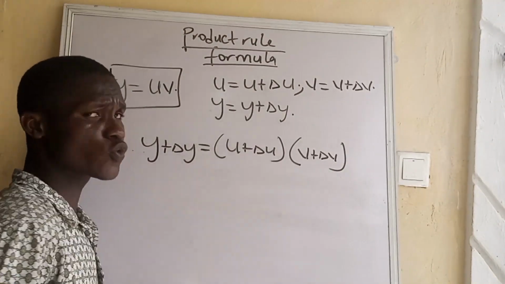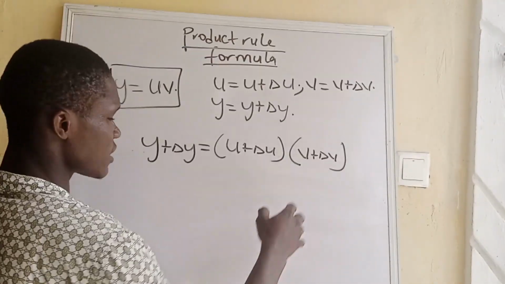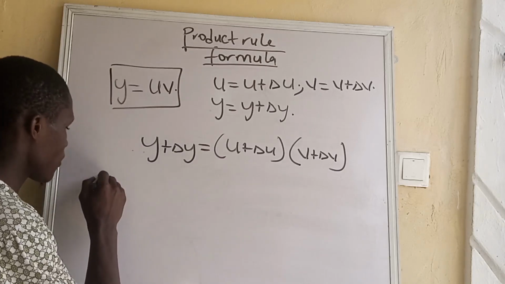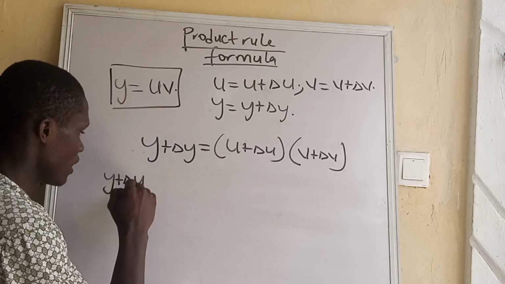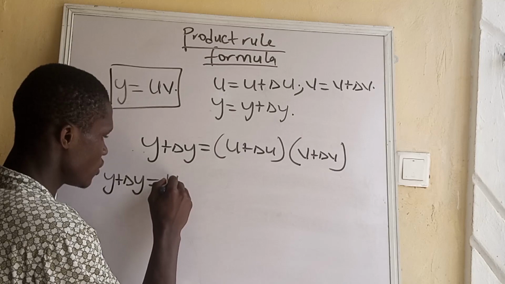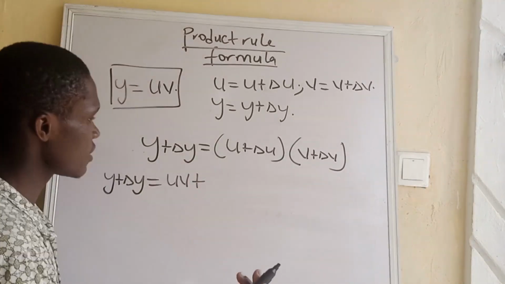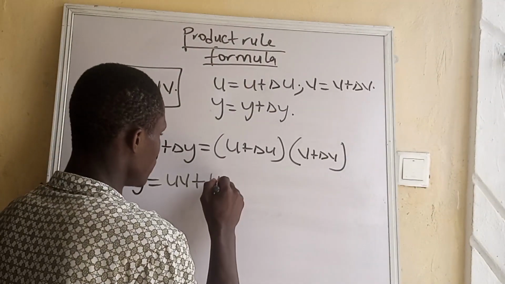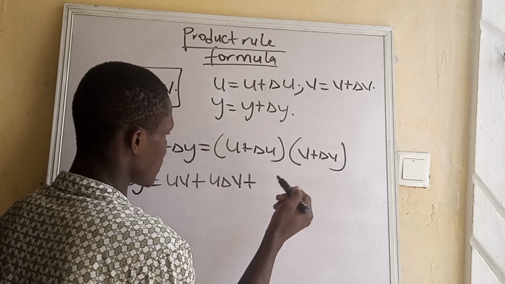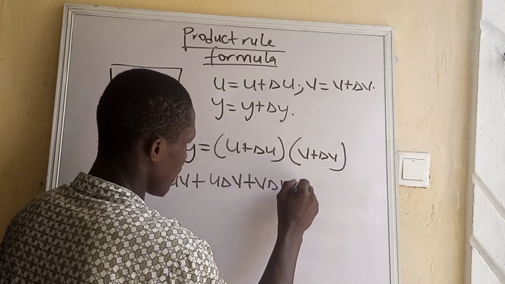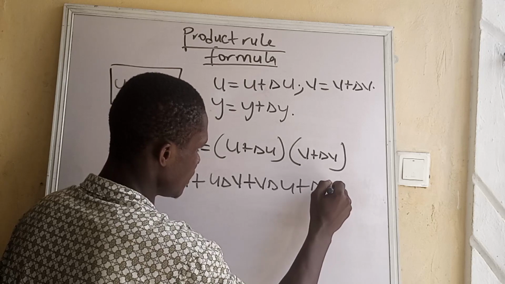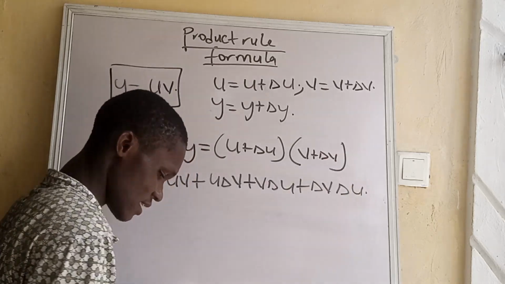So what are we simply going to do again? We are going to break out the bracket. So we are simply going to have y plus delta y is equal to uv plus u delta v plus v delta u plus delta v delta u.